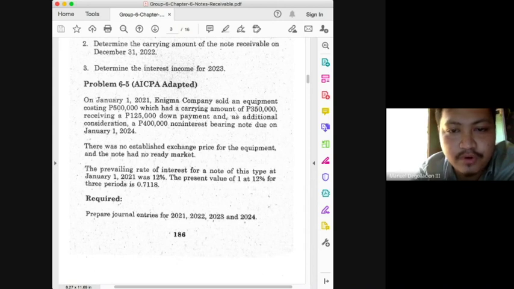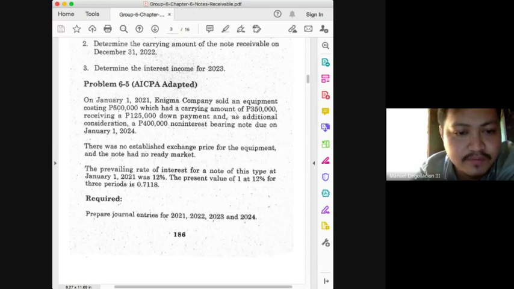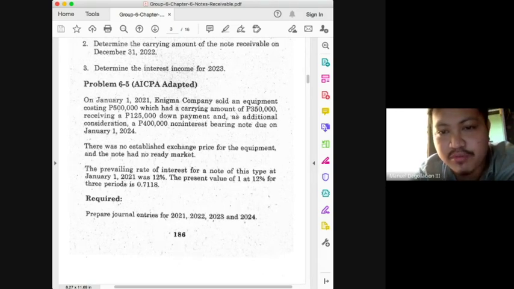So to compute for the 2022 interest income, it will now be 318,886 times 12%. 318,886 times 12% would give you 38,266.